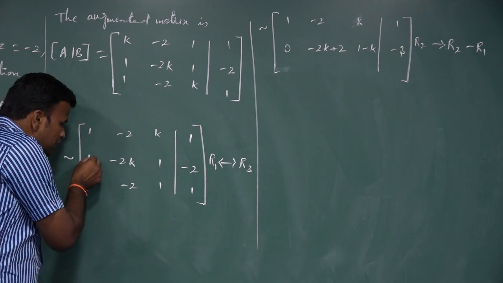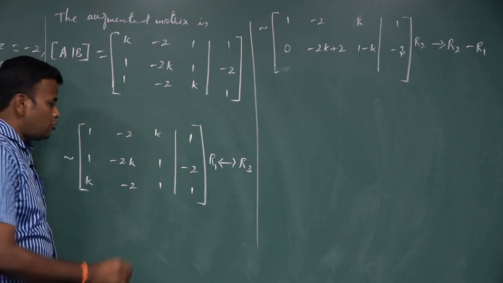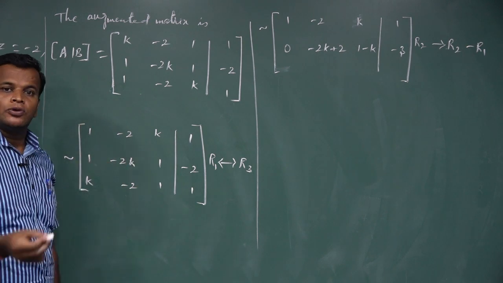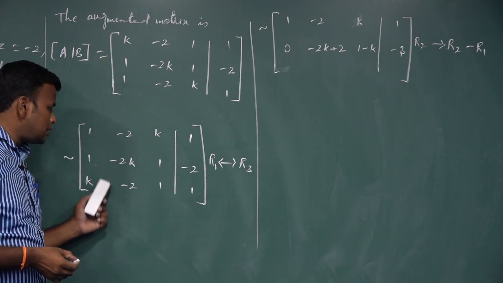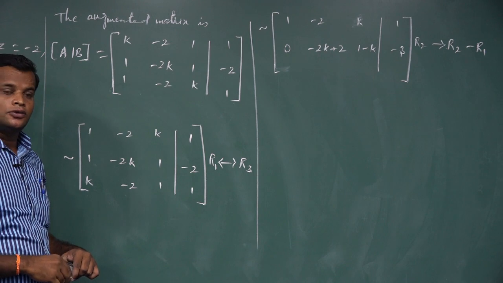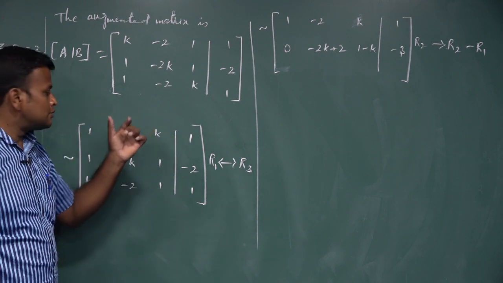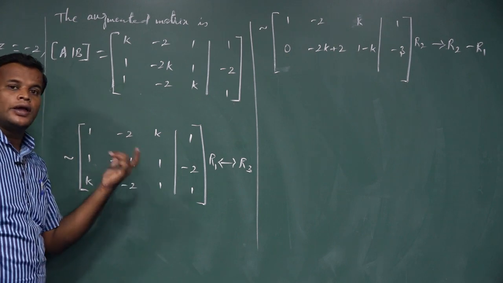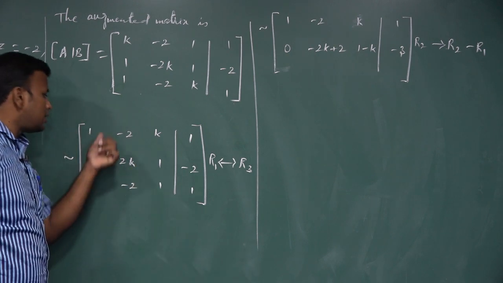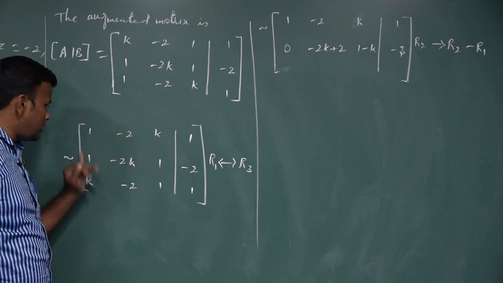Next, in the third row we convert that element to 0. So we multiply k in either R2 or R1. Suppose I consider R3 and R2, and R2 is multiplied by k. You see already one k is there. k into k is k squared. The terms become more difficult. So I consider R3 and R1, because just a number is there.